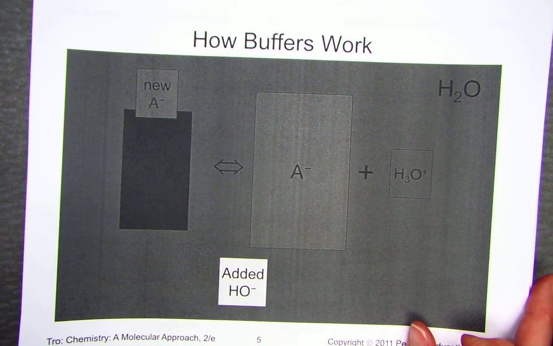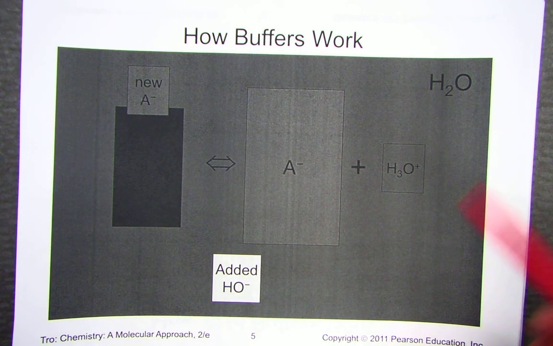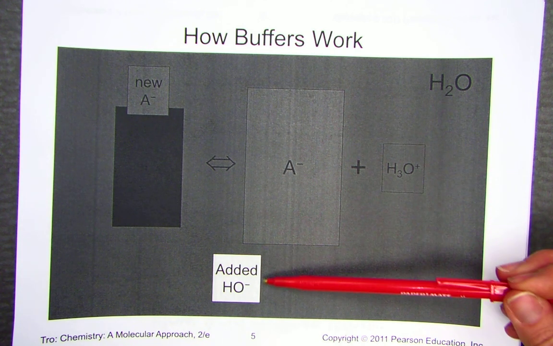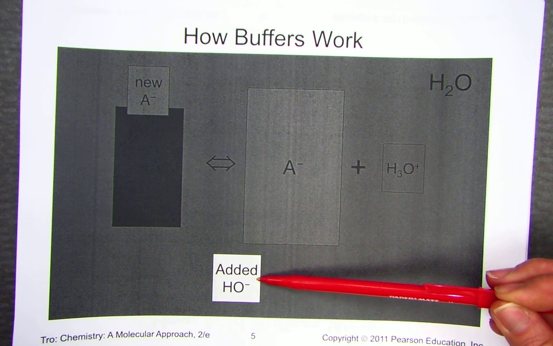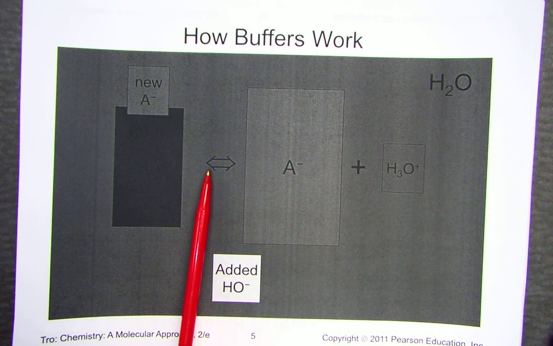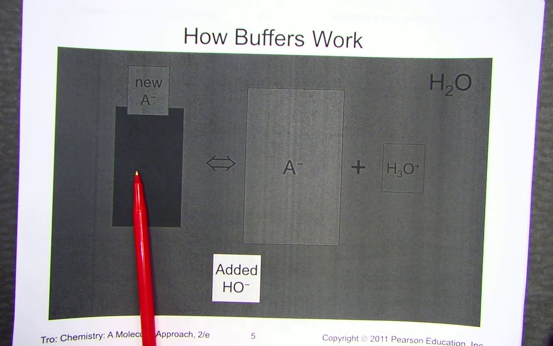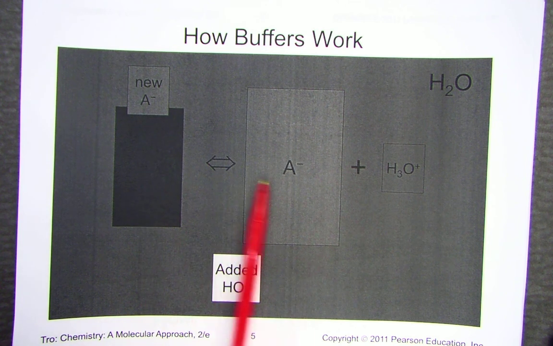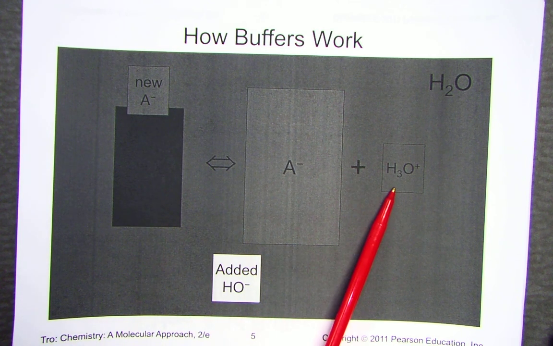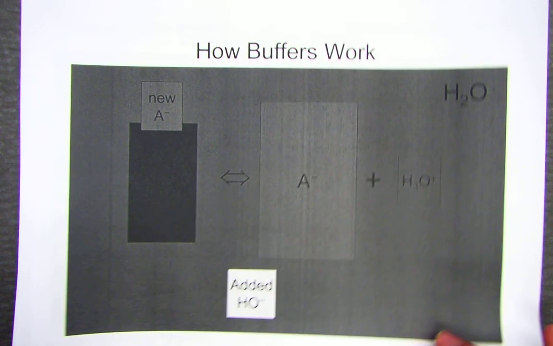Think of it this way, and this is a dark picture, hopefully yours is showing up. I've added hydroxide into an equilibrium. Adding hydroxide, here's the equilibrium arrow. The hydroxide ion is going to react with HA in this box. You're going to produce more A negative and hydronium, adding the water up at the top as the byproduct. Buffers work in conjugate pairs.